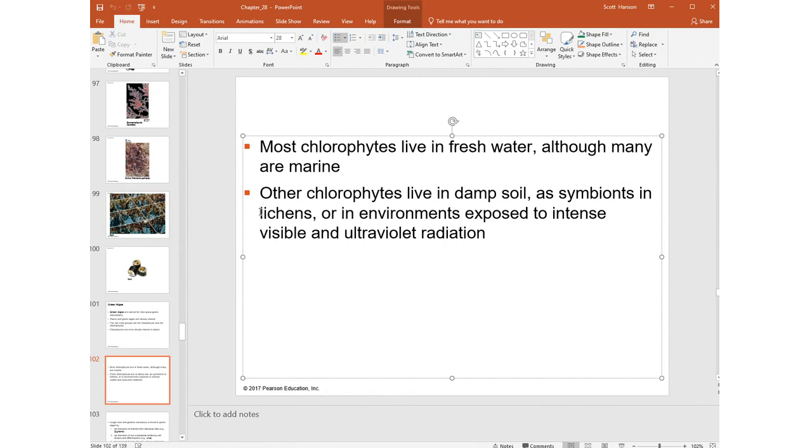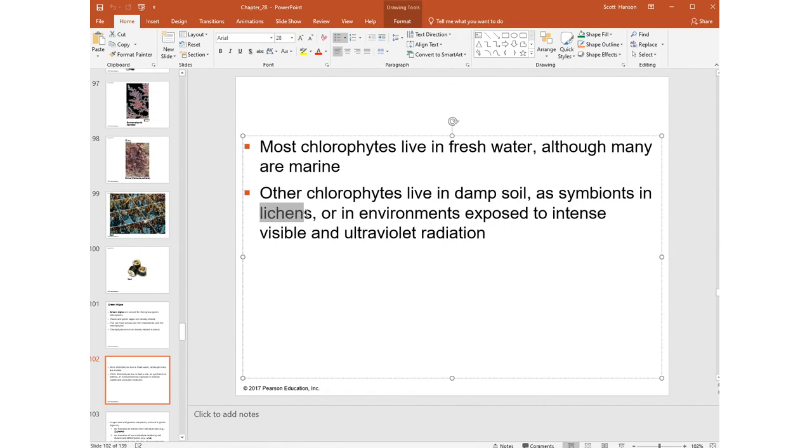Lichens, and we don't have any pictures of lichens here, but maybe in the future I'll incorporate a lichen illustration here. But lichens are those different colored little things. They look like a small crust on a rock or on the bark of a tree.